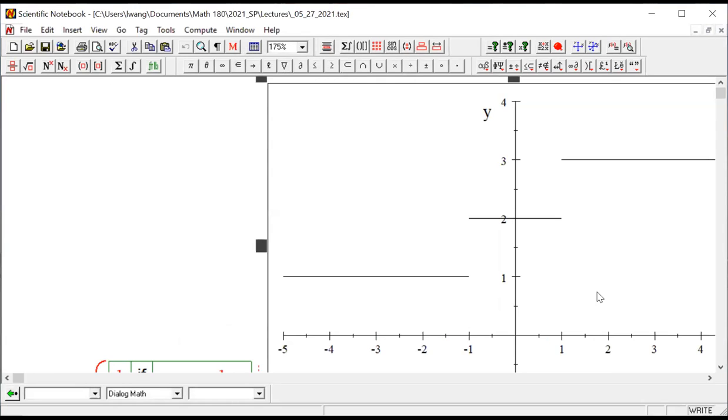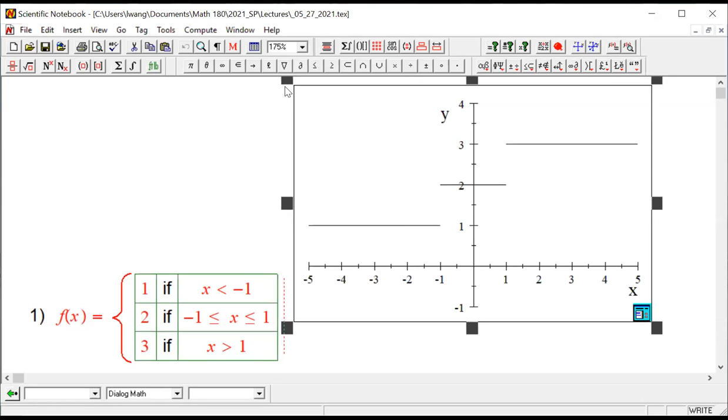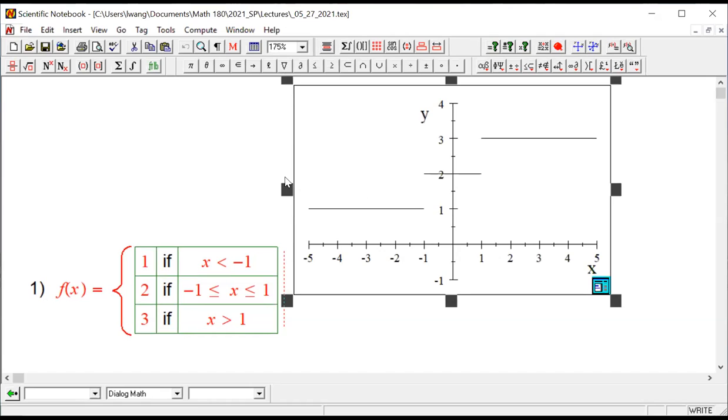Okay, so that's the picture. And this is not complete, right? Because we need to mark those endpoints at -1 and at +1. We need to mark those points to make it complete.